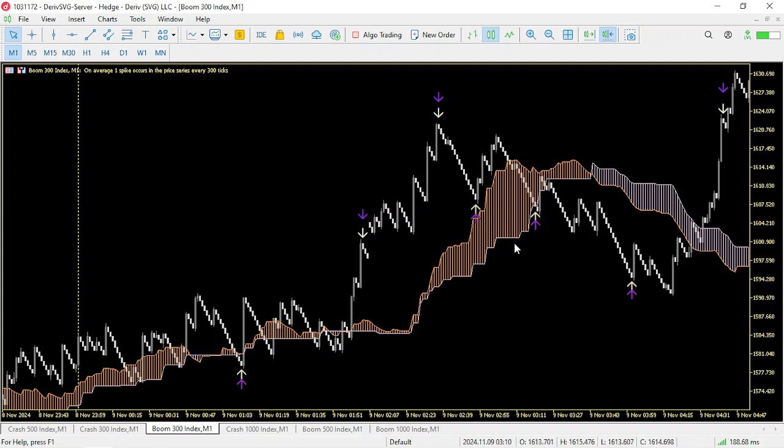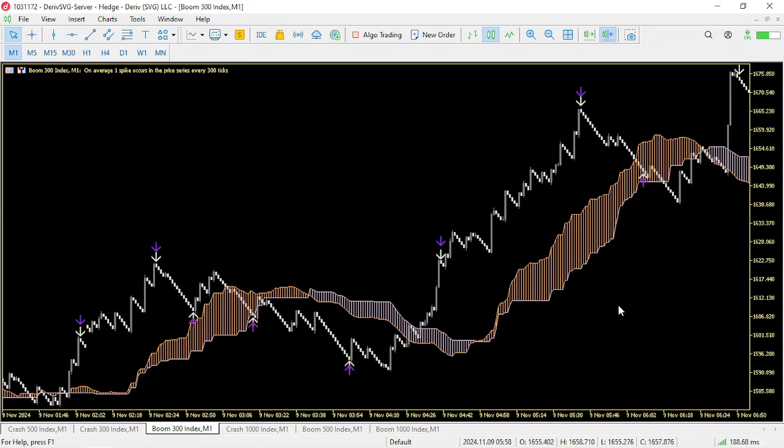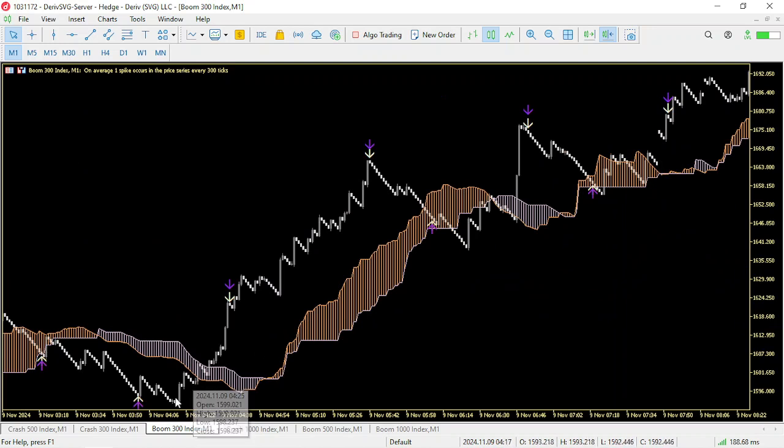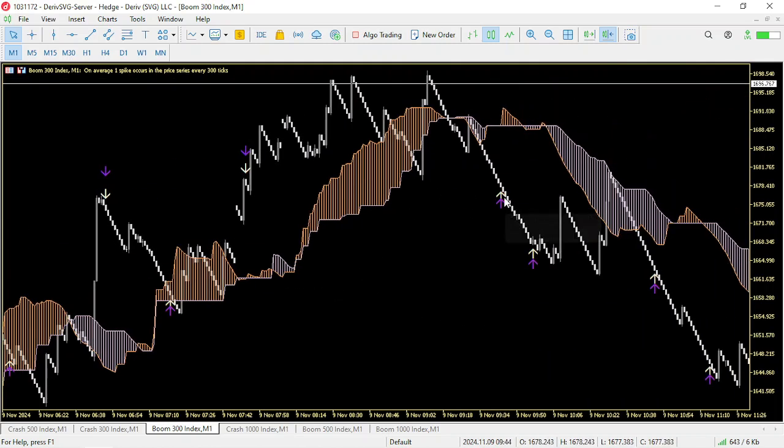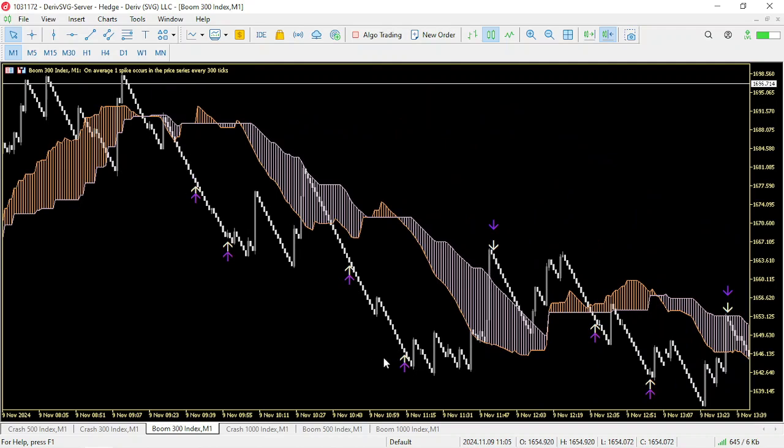Yes, it's going to be a more patient way because you're waiting for when the market is above the cloud. And even though you had this buy signal here and it shot up, you missed it just so you can get in on this move over here and this move over here. Understand? So even though, let's say you bought here and you bought here, you're still closing in profit.